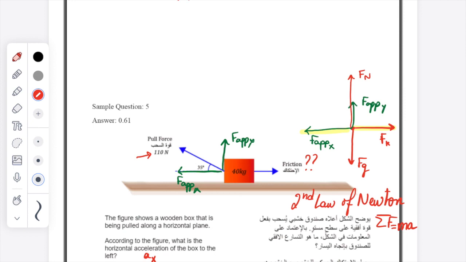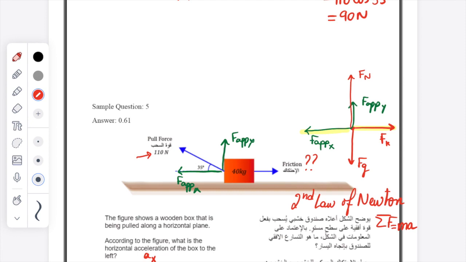So the first step is that I will find the force applied along the x-axis, which is F applied times cosine theta, which gives me 110 cosine of 35, and 90.